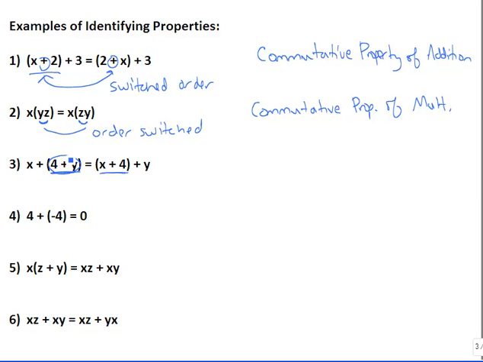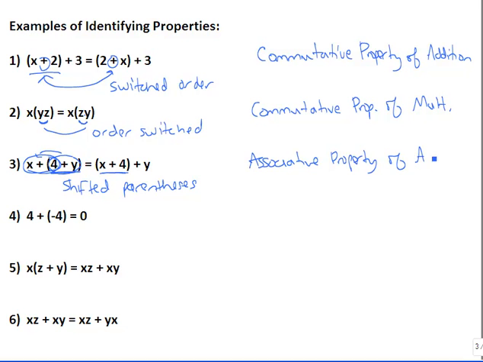So these parentheses basically got shifted over to contain the x and the 4. So we shifted parentheses. And that is the associative property. So this is the associative property. And the operation that's separating all these terms is addition. So this is the associative property of addition.